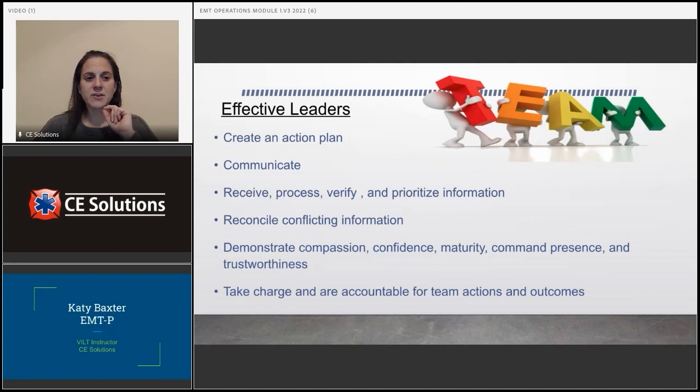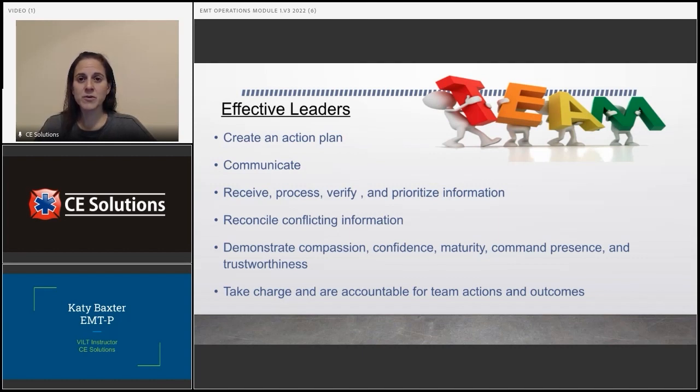Effective leaders, they create an action plan. They're going to communicate clearly, simply. They're not going to utilize words that you don't understand, because nothing is worse than that. They receive, process, verify, and prioritize information.